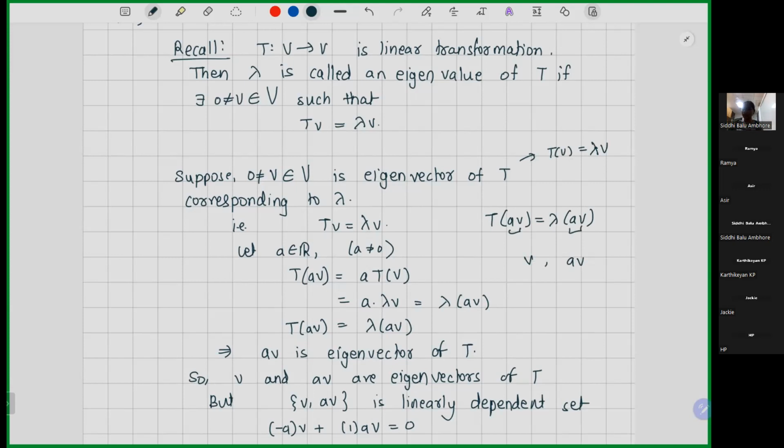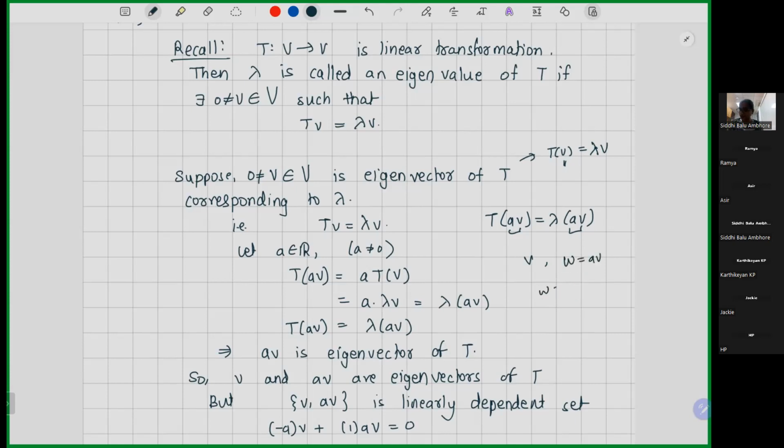So v is an eigenvector, av is an eigenvector, but v and av are not linearly independent, because av is a times v.